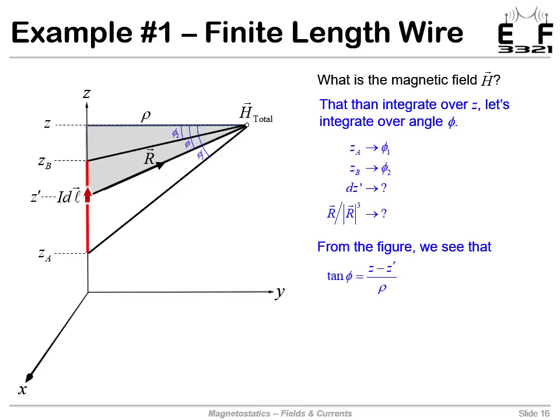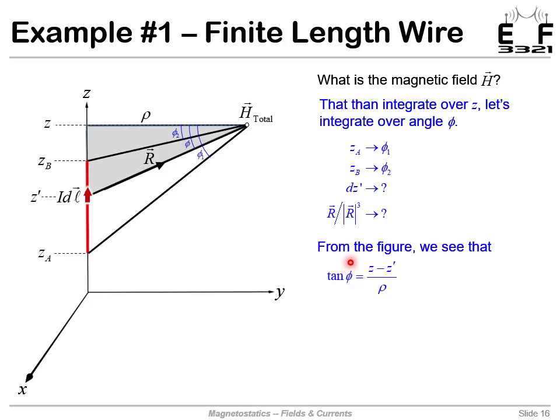So from the figure, we construct this triangle that I've shaded in, and we're looking at our little differential current element, and the angle that makes is phi. The tangent of phi is the opposite face, so that's z minus z prime, divided by the adjacent face, which is rho.